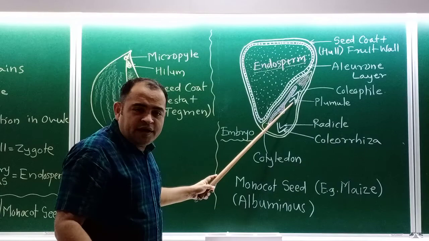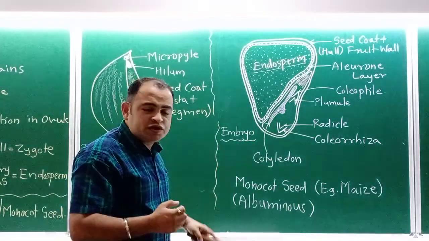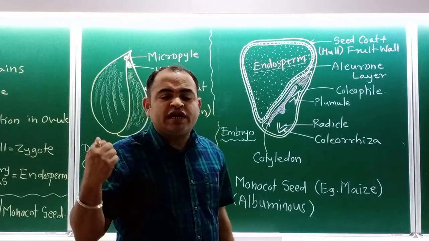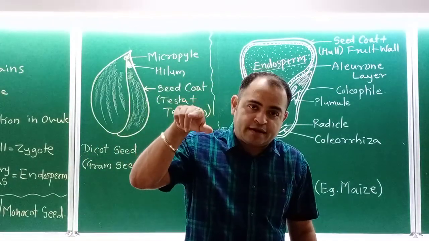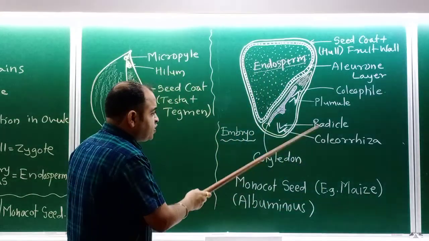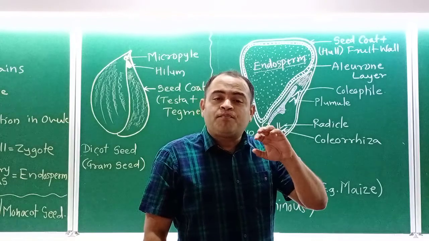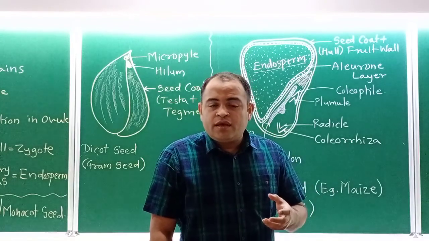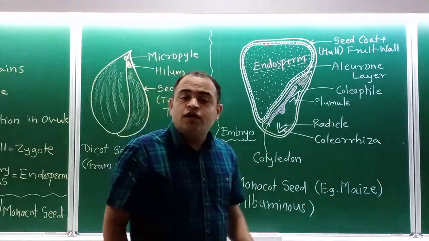This plumule grows into a typical shoot, and the radicle grows into a root. Similar to dicot, the radicle grows first and the plumule grows later. But this plumule and radicle have a typical protective covering. The layer present above the plumule is called coleoptile.